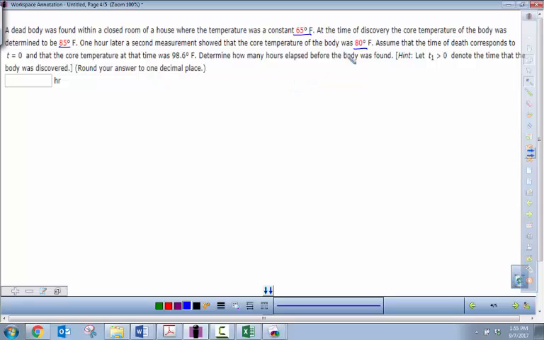So Newton's law says that the rate of change of body temperature is proportional to the difference between the current body temperature and the surrounding temperature, right?